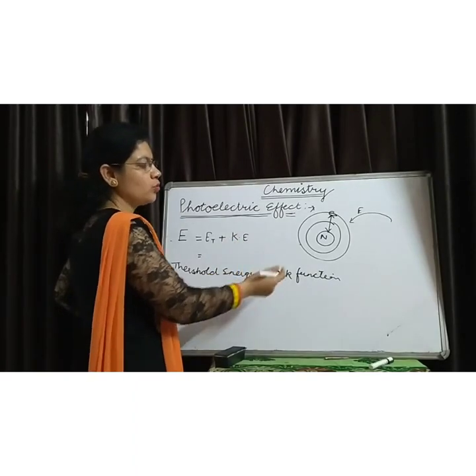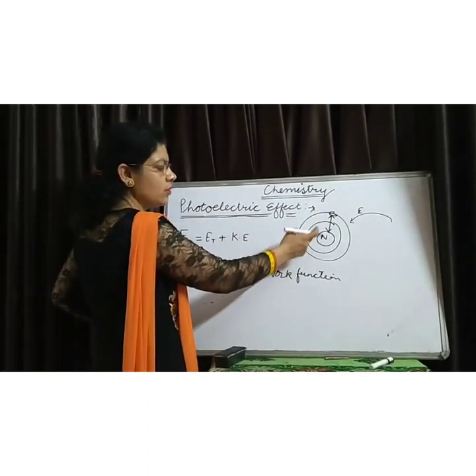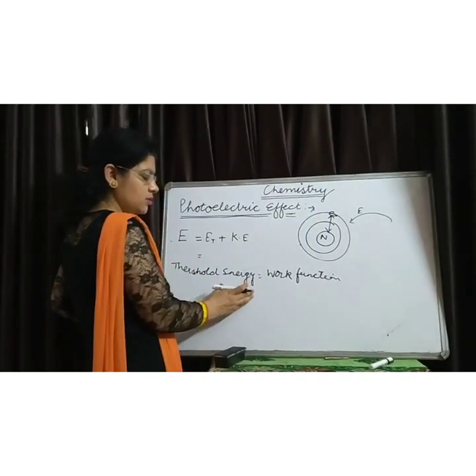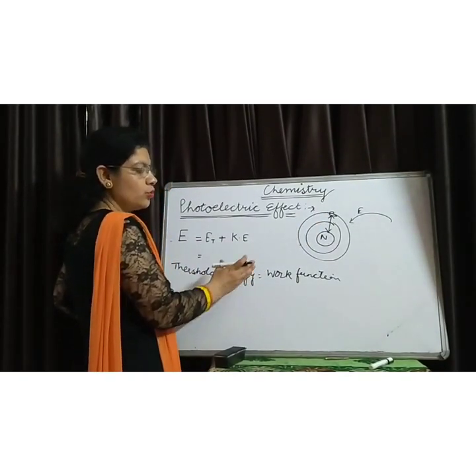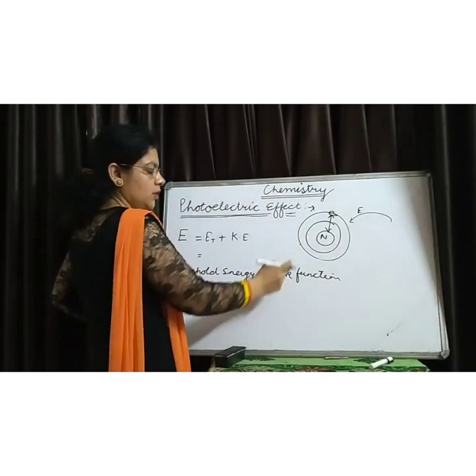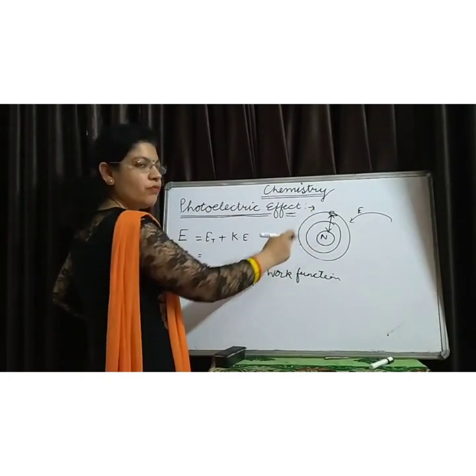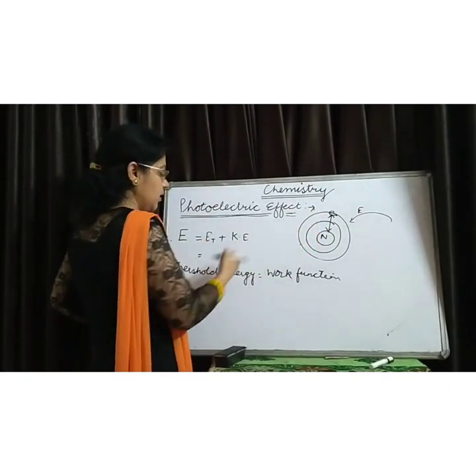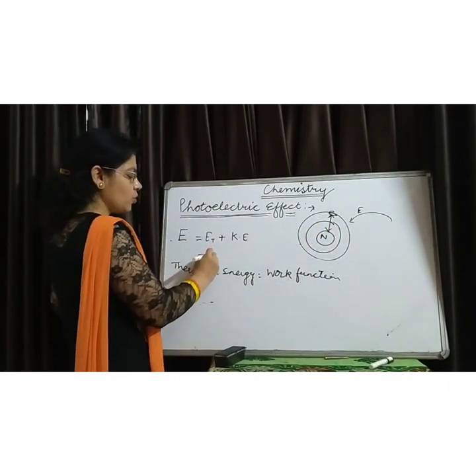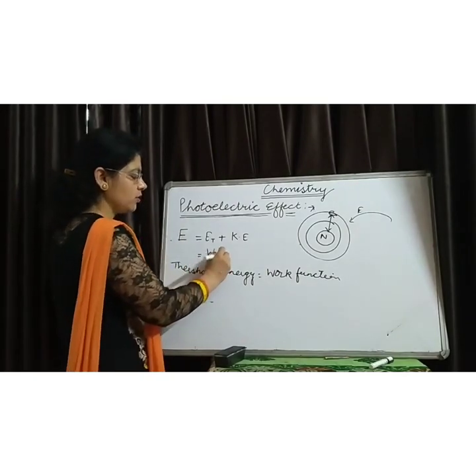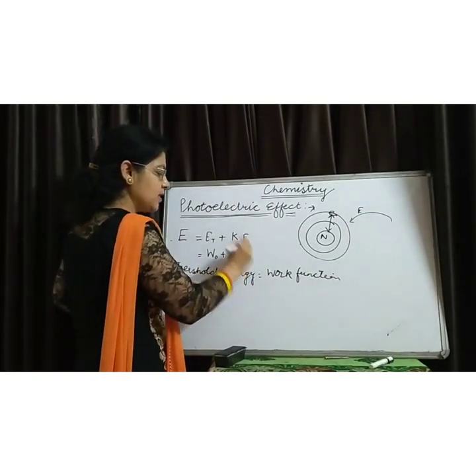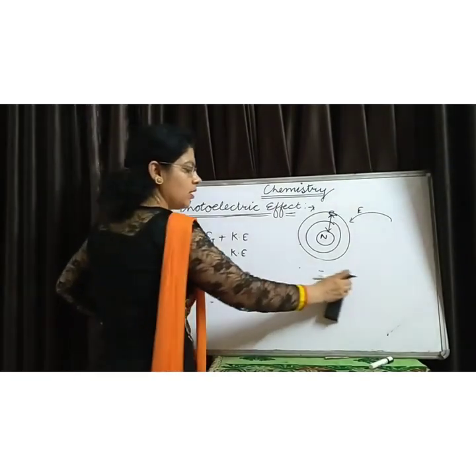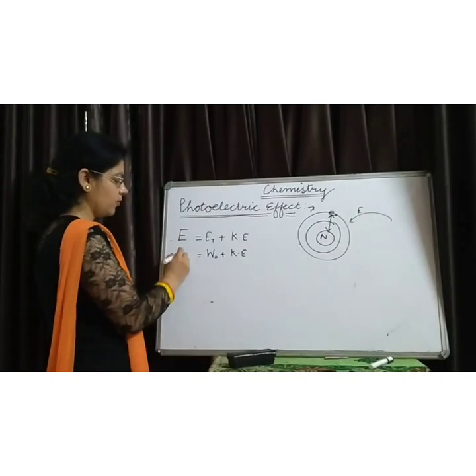What type of work? To break up the force of attraction between the nucleus and the electron. Therefore, it is also known as the work function, and the extra energy that we supply from the outside is used into the kinetic energy of the electron.